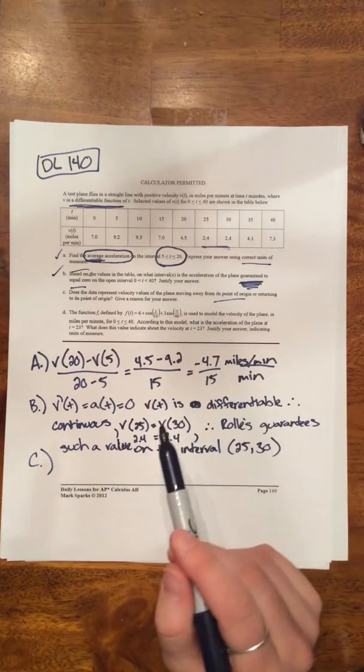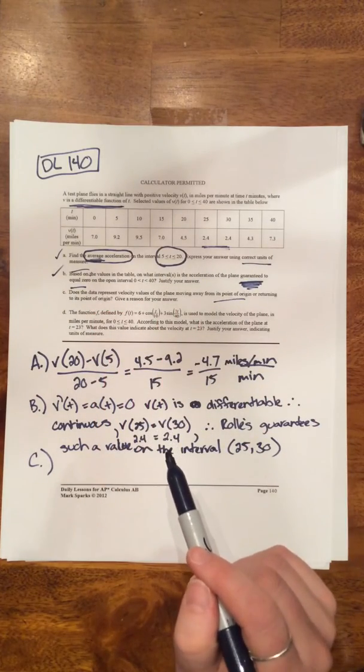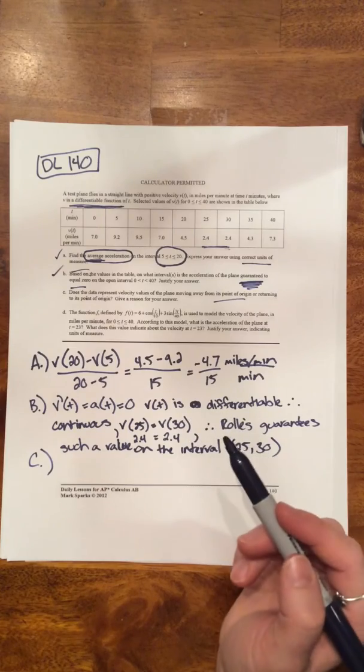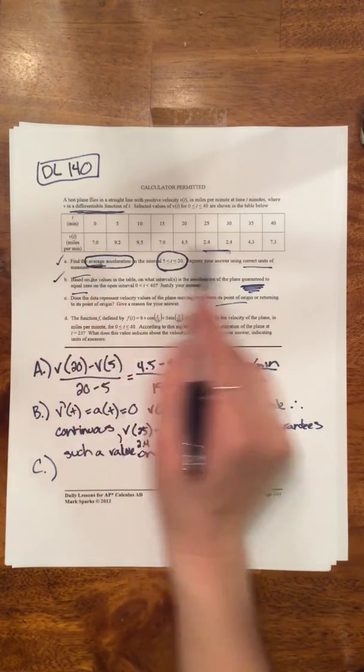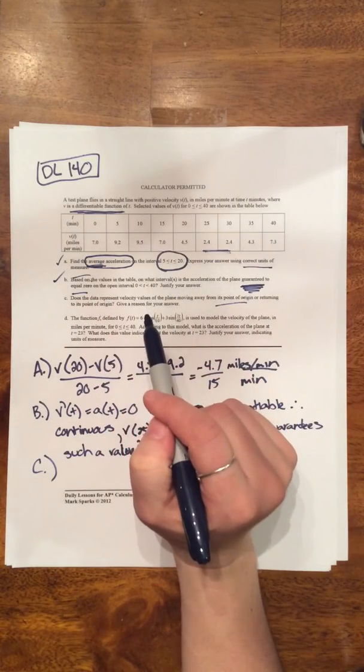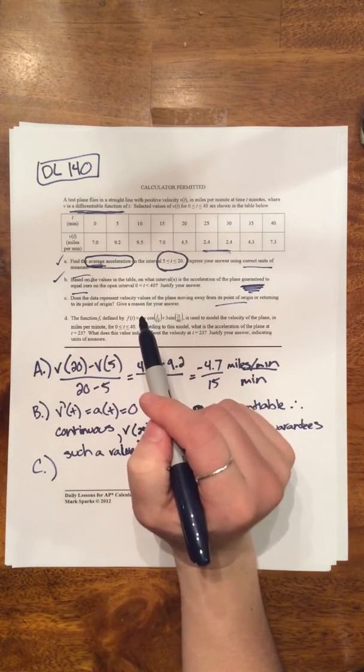So if this is velocity, I can see that velocity is always positive. If velocity is positive, that means the function P of t is increasing, but it also means that V of t, being positive, means the function is moving to the right.